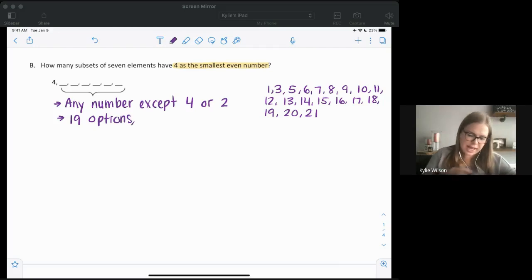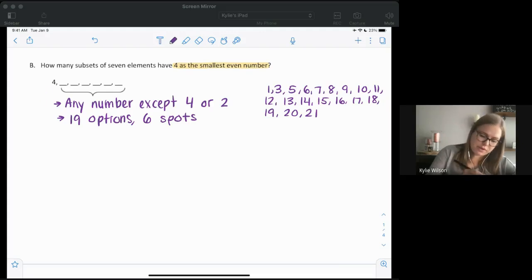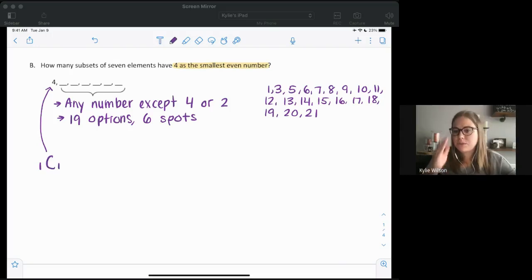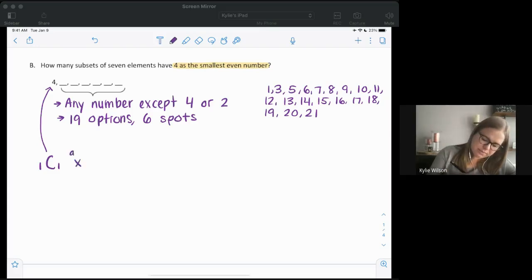And we have 6 spots that we need to fill. So from this 4 over here, there's one option, and we're just going to choose that one option. Again, you don't need to write 1 choose 1 because it's just 1, but some people like to add that into their process. And we need to choose the other numbers.